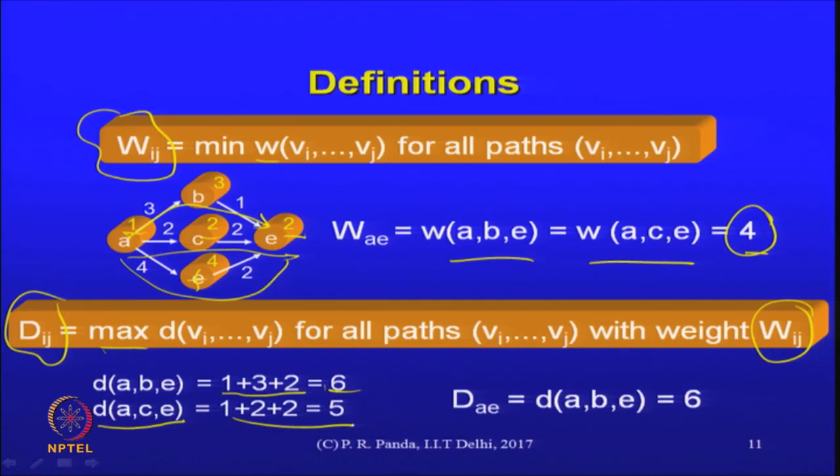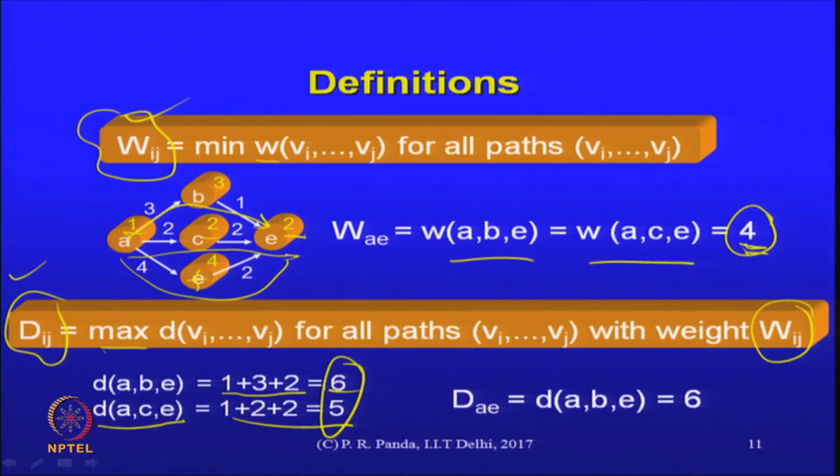So, if I enumerate these for all those paths for which Wij is what we selected, then the capital Dij is determined as the max value of all of those paths. At least the definition is clear, why it is done in this way is not clear yet. So, these two things we identified, one is the capital Wij, the other is the capital Dij. D is defined in terms of Wij, you have to first get the Wijs before you can get Dij, because here it is the max of those paths that are selected that have 4, for example, in this case.